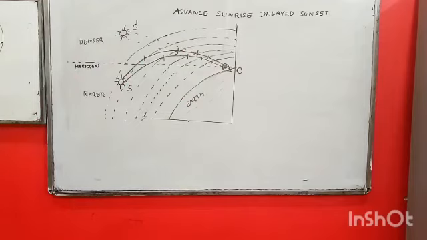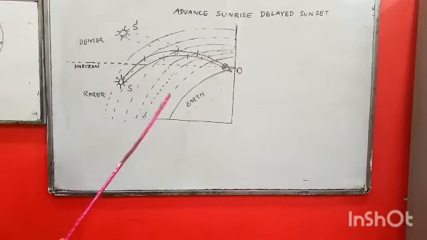So these rays appear to come from S dash, which is above the horizon. It is for this reason that the sun is visible to us a little before it rises above the horizon, and also till a little after it sets below the horizon. Now listen.